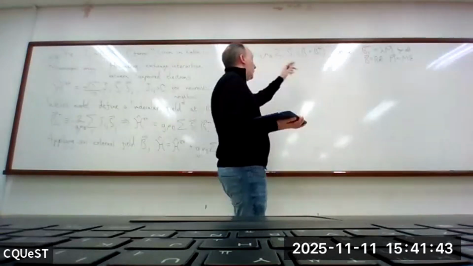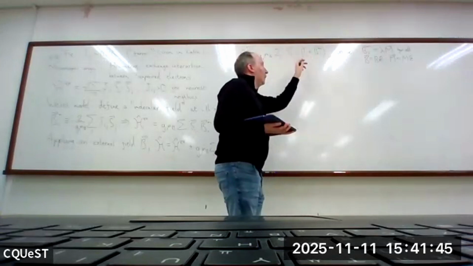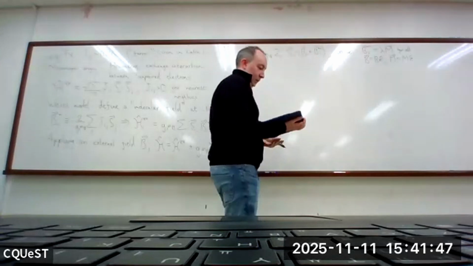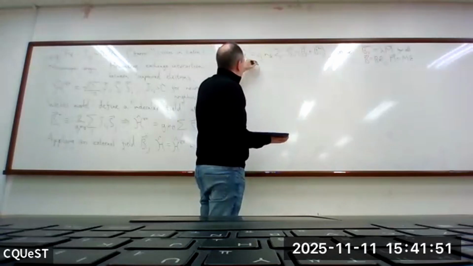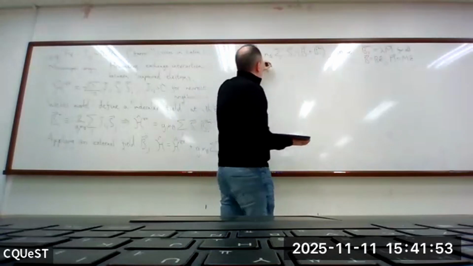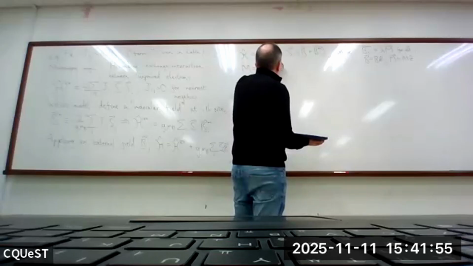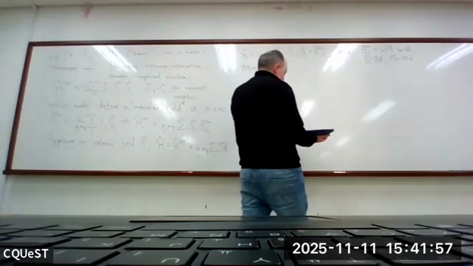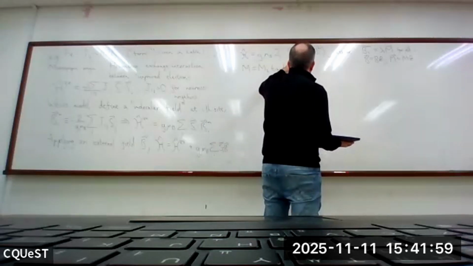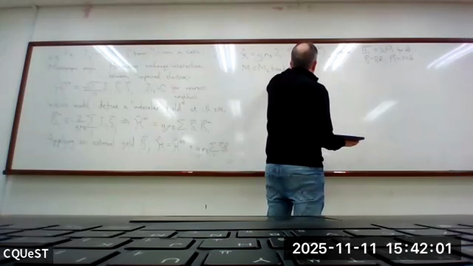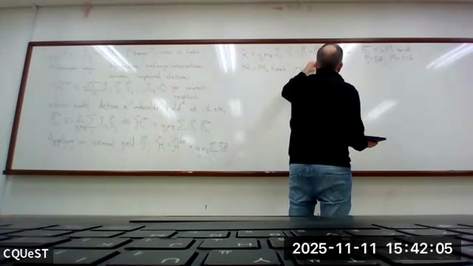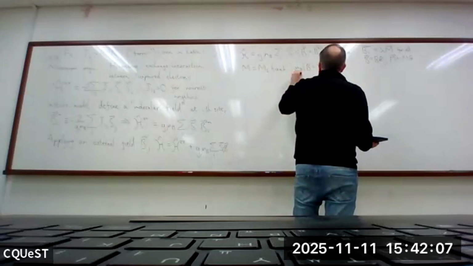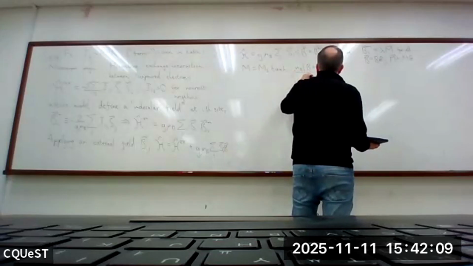We just perform the same calculation with these two components, and we find that the magnetization is M_S hyperbolic tangent of mu_B times (B plus lambda M) over k_B T.